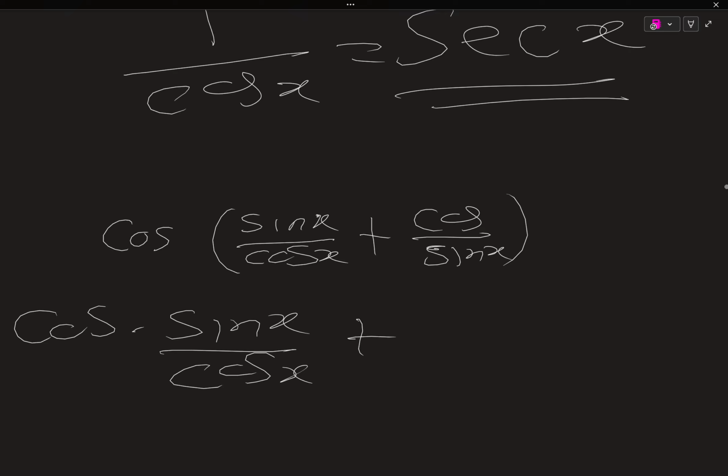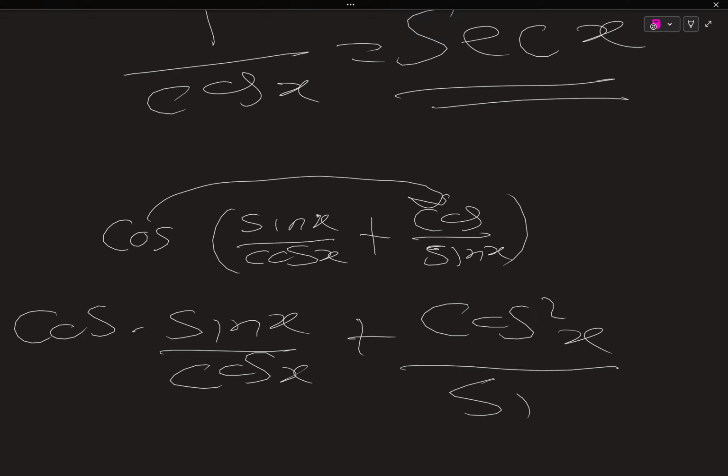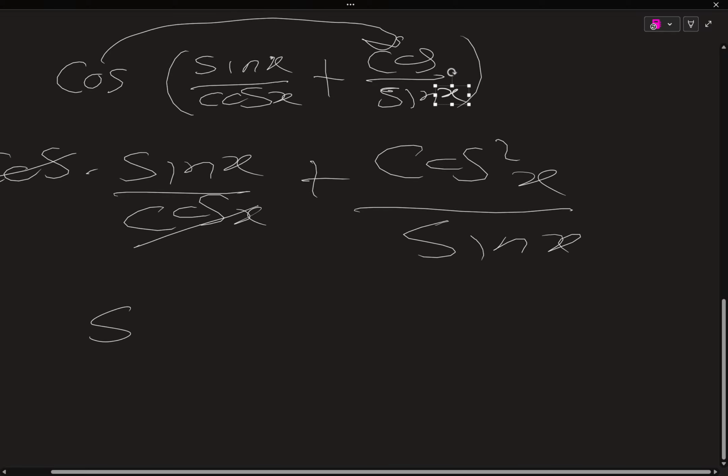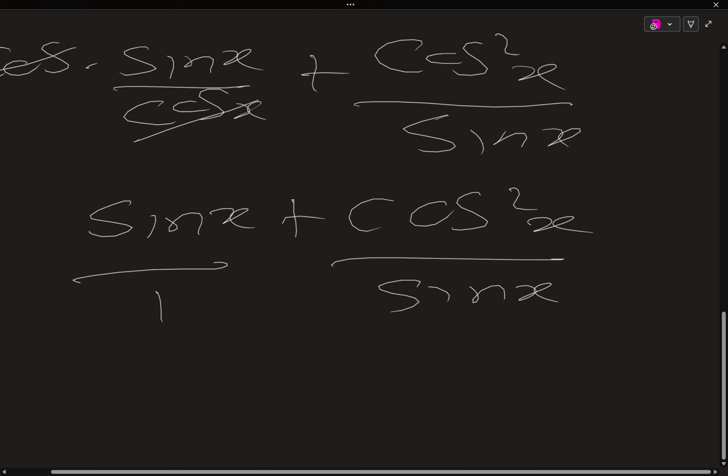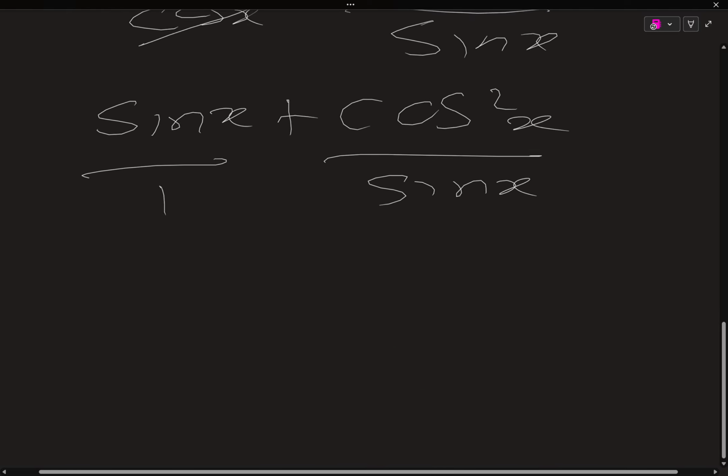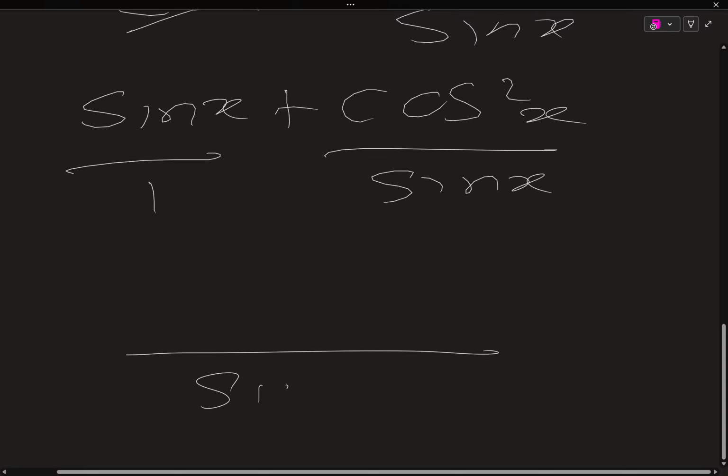Plus cos multiplied by cos x over sin x is cos squared x over sin. I can see that this cos and this one are the same, so we can cancel. I'm going to remain with sin x plus cos squared x over sin x, right? I'll say this is over 1, then I'll make sin my denominator.